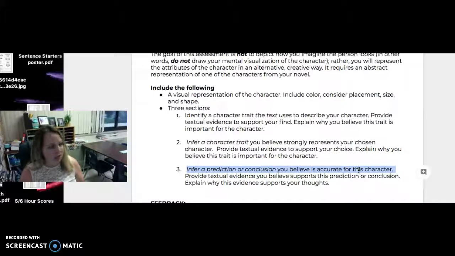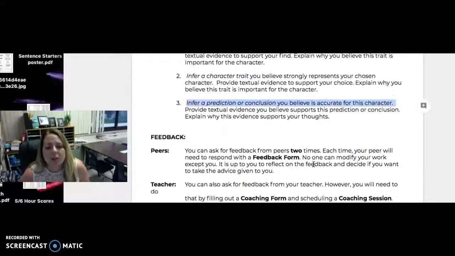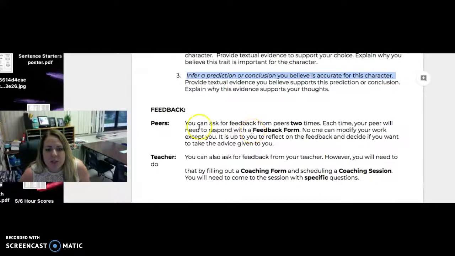Prediction or conclusion, is this like what I think happens after the story is over? The author doesn't tell us, but I could infer what happens maybe. Yeah, I'm going to write this down too, just in case I'm not right, but that's a question that I have, and that's what I think it's about, right? And then the next section is about feedback, it looks like.